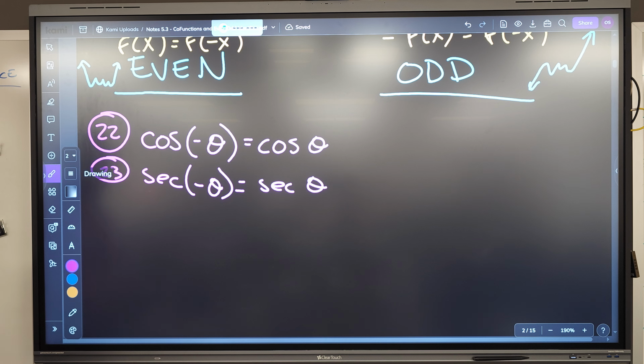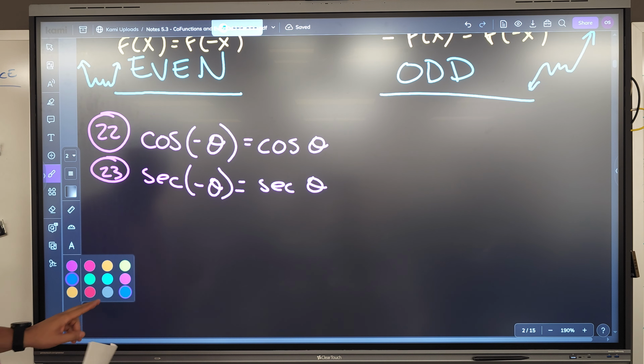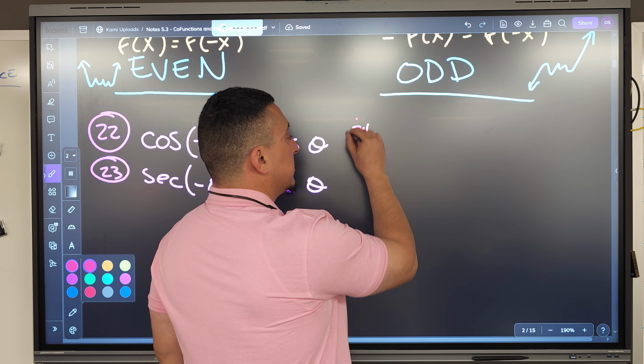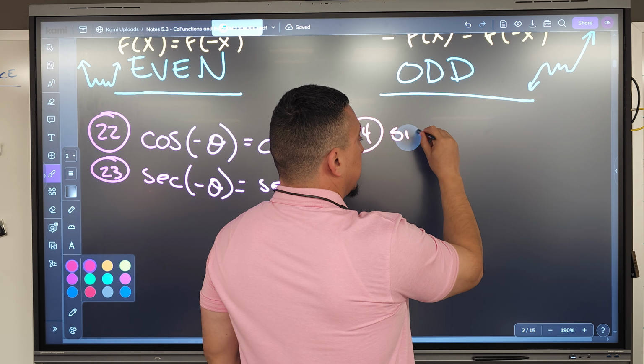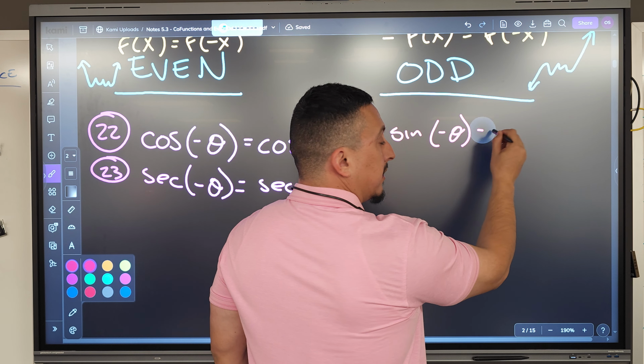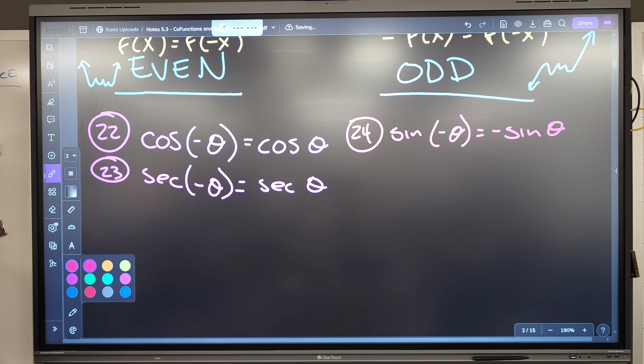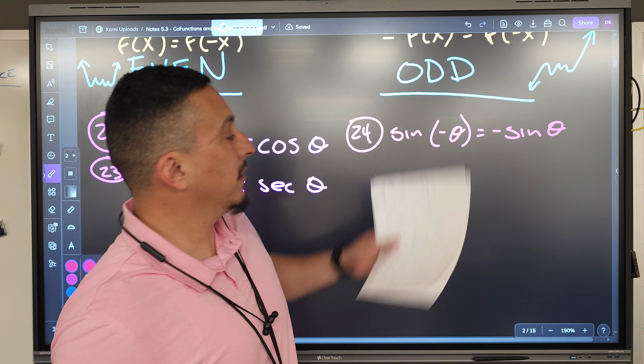Okay, odd functions. Let me switch colors here. So odd functions, we have 4 of them. So this is 24, sine of negative theta equals negative sine theta. Okay. So it means when you have the input of a negative angle, the output will be a negative. That's what it means. That's why the arm is down over here.